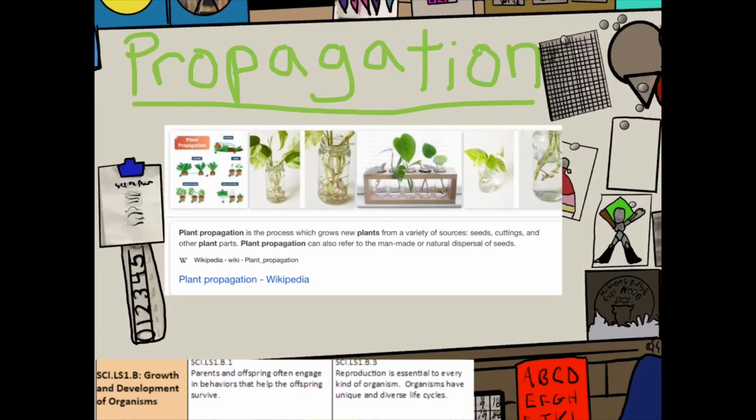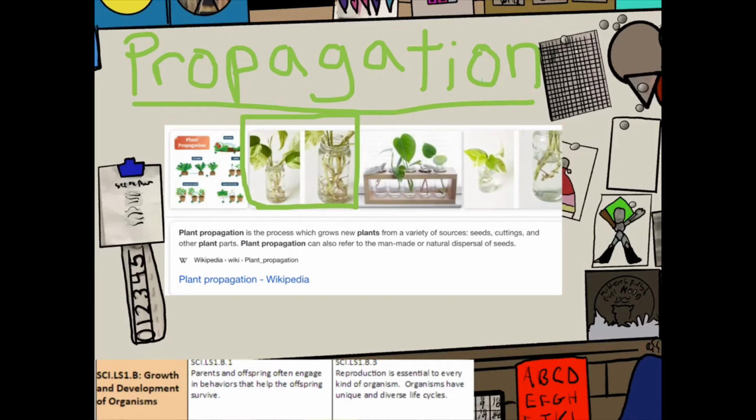Okay, all that means is you have a big plant, right? And you just take a cutting off of that plant. And then you take that cutting and you preserve it like this in a cup or a glass. And you make sure it doesn't die so that you can put it in dirt and make a whole new plant out of a little piece of the original plant.